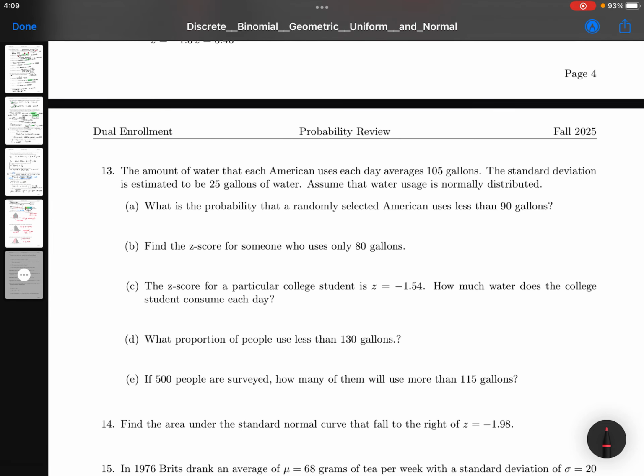All right, number 13. The amount of water that each American uses each day averages 105 gallons. The standard deviation is estimated to be 25 gallons. What is the probability that a randomly selected person, so that's the probability X, is less than 90? So you can convert to a z-score, or you can use your normal distribution function.